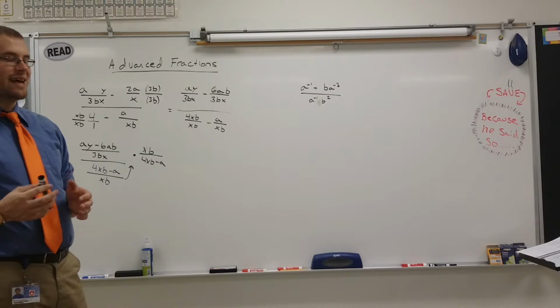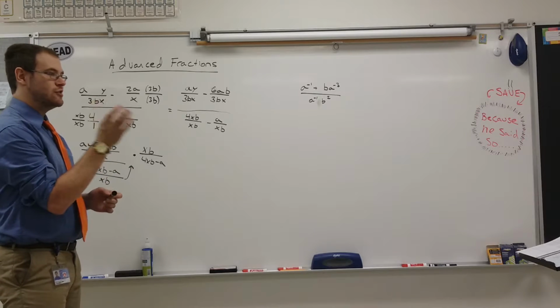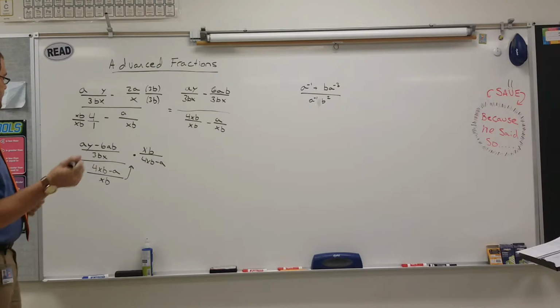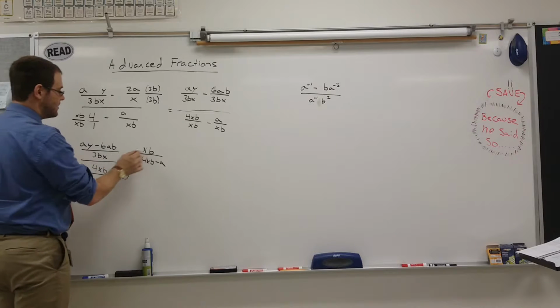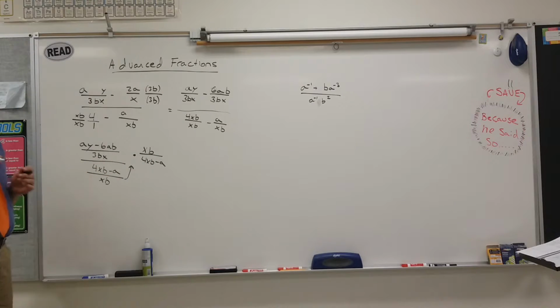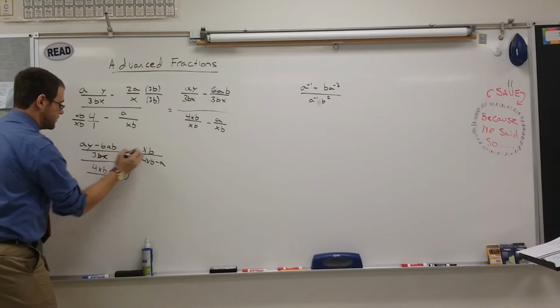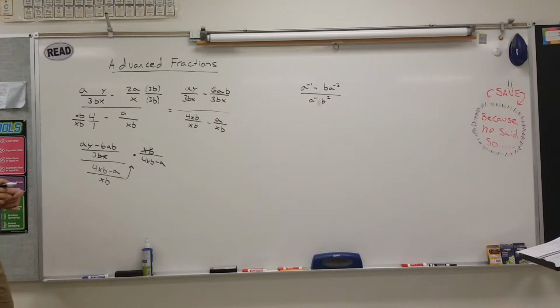That plus and minus sign is keeping that thing as a unique term. But as you can see here in 3bx and xb, those things have similar factors, similar parts of the terms, and we can cancel those things out. xb over xb is 1. So if I cross those out, I can now multiply, and I've simplified the problem.